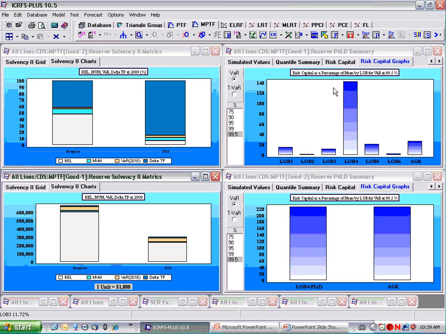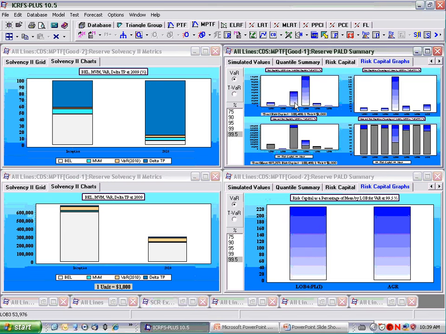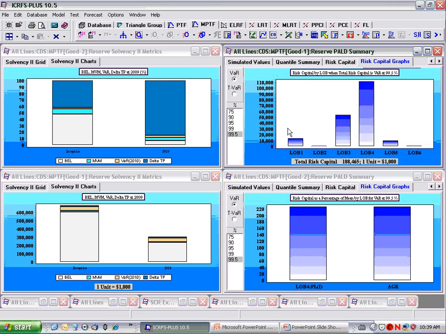The VAR of the aggregate is much larger, 188 million. The VAR of the aggregate is much larger than the SCR, which is 65 million. Let's read it again: the SCR is 65 million, and the VAR for the next calendar year is 49 million.